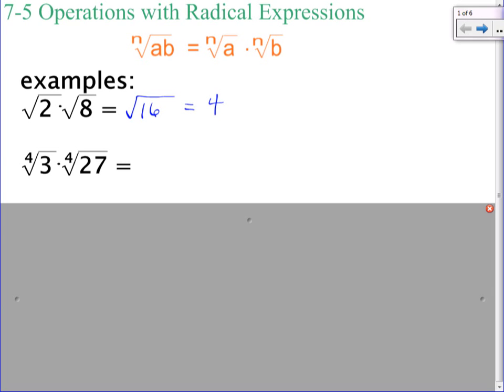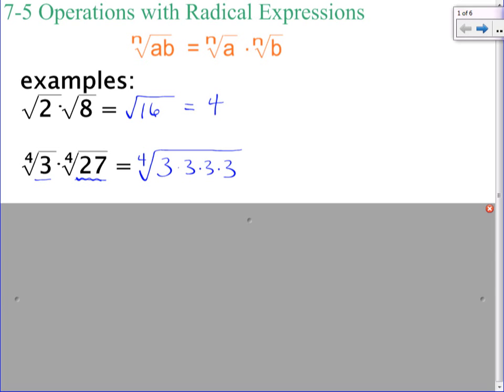On the next one, if we put these together, let's remind ourselves, we talked about this a couple chapters ago. If we have the fourth root, now if we have the prime factors of 27, what is that? 3, 3, 3. Okay, so we've got this 3 right here, and then we have these 3 3s.